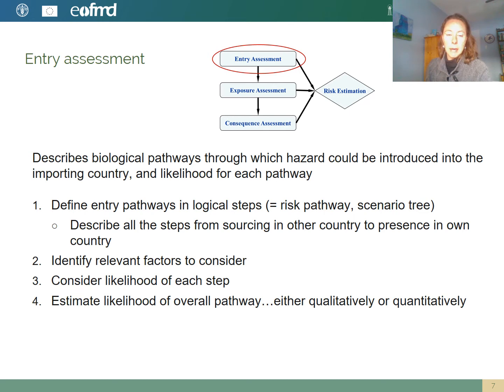This is called a risk pathway. Secondly, relevant factors should be identified and data gathered. Using this data, the likelihood of each step can be considered, and the overall likelihood of the pathway can be estimated, and that can be done either qualitatively or quantitatively.